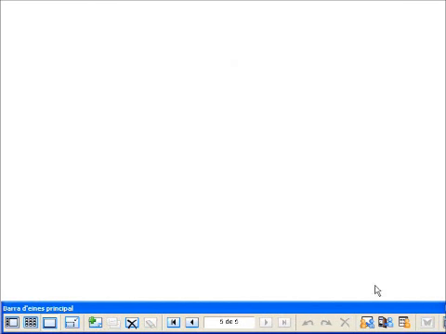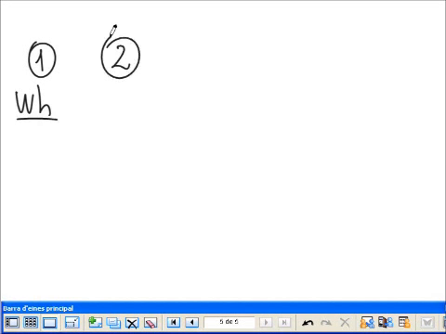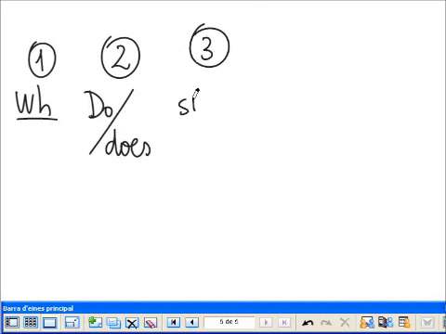So, let's go to how the present simple is constructed. Mirem com es construeix. It is formed by 5 elements. Consta de 5 elements. The first element is the WH element. The second element is the do or does element in questions. The third element is the subject. We can never forget about the subject here.